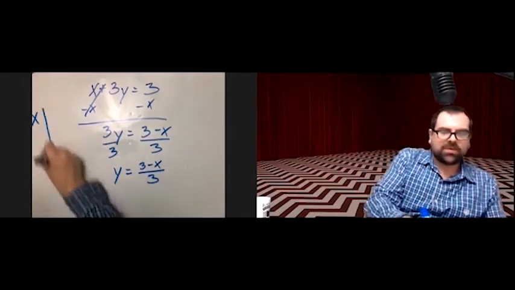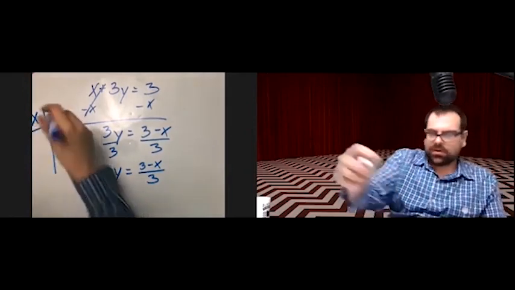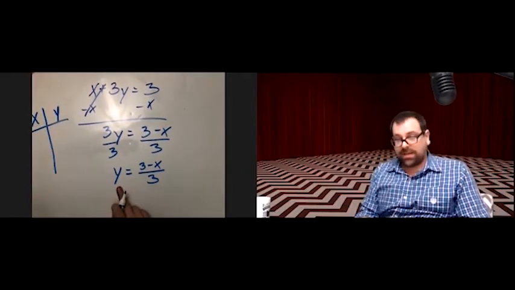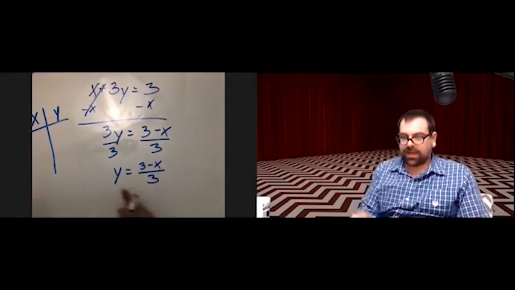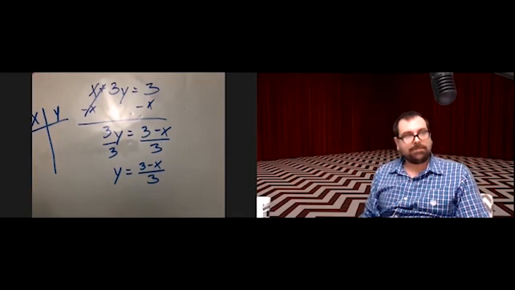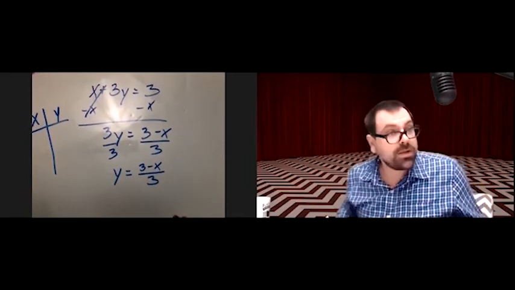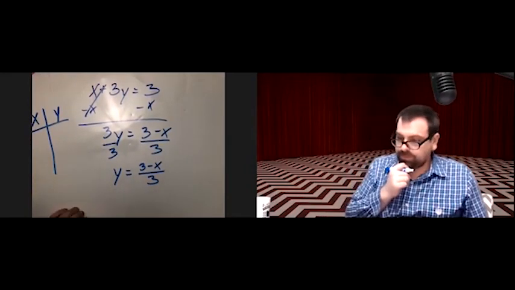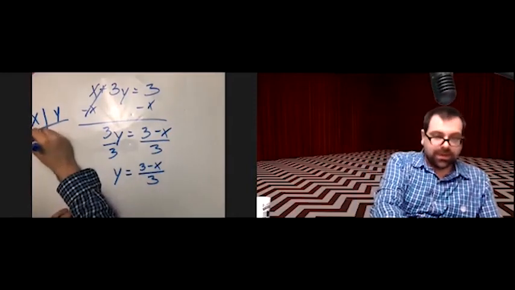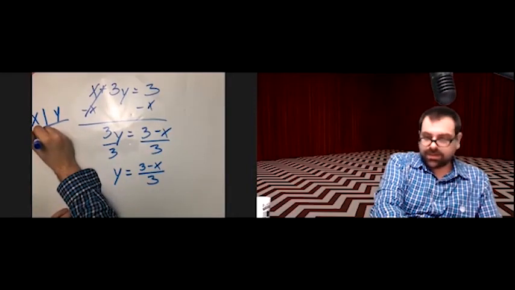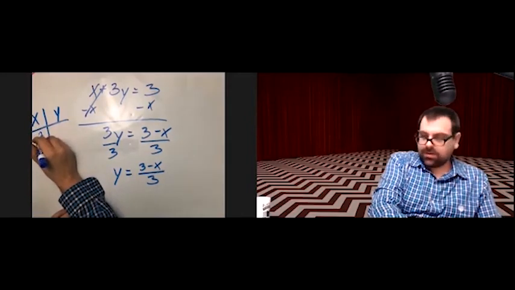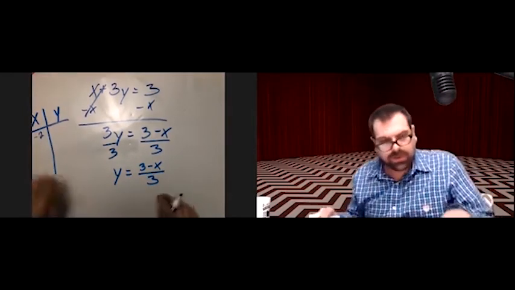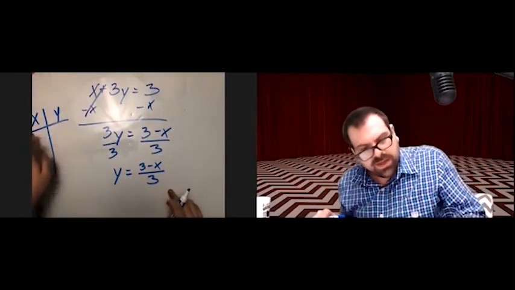So let's make our x and y table. We know how to get our y's. We're going to pick our x, plug it in, and get our y. So I'm going to go ahead and pick a couple negative x's. Ooh, I want to be careful with how we pick again.